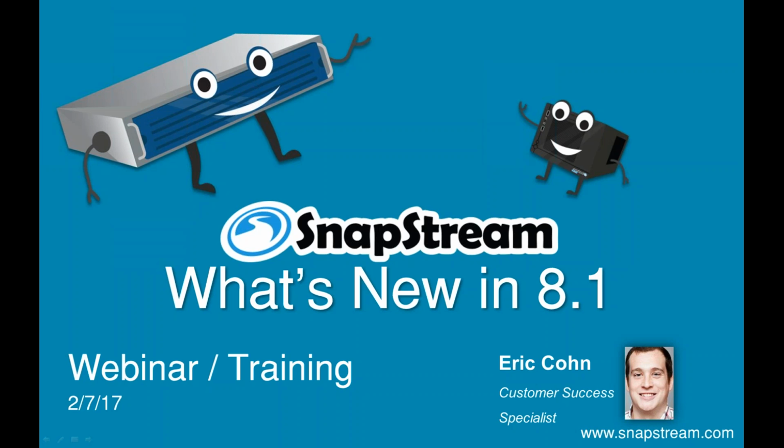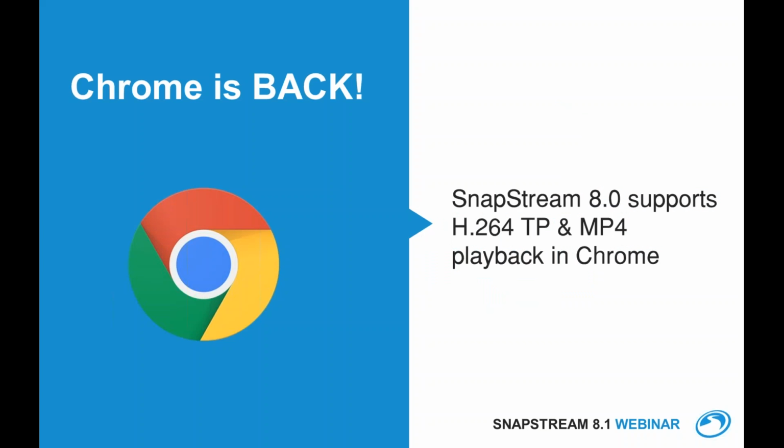Before we get into 8.1, we're going to talk about some of the big changes that we made in our 8.0 version, which is our previous version of the software that we released about 3 months ago. The really exciting thing is we're pushing towards H.264 recording for most of our end users. The reasons for that, first of all, are that we can bring back Chrome.